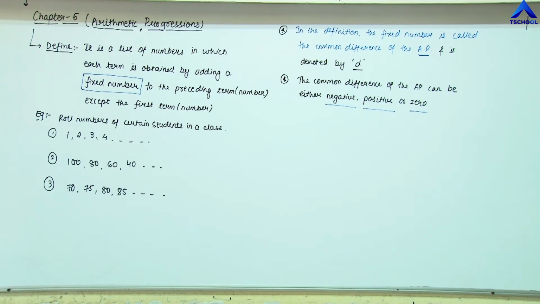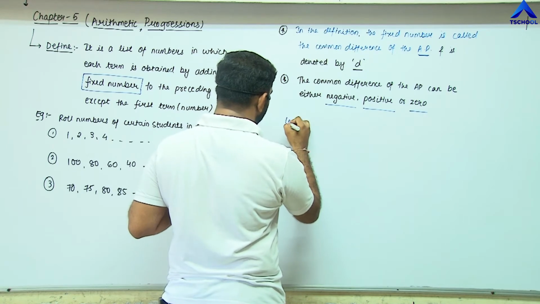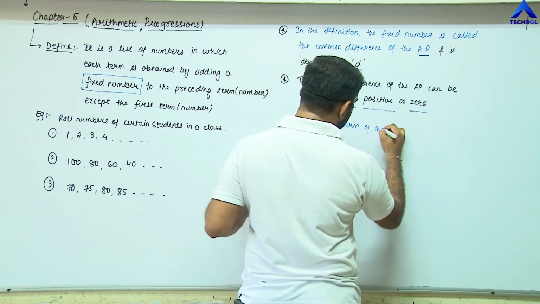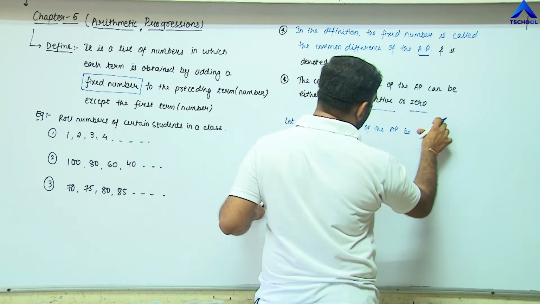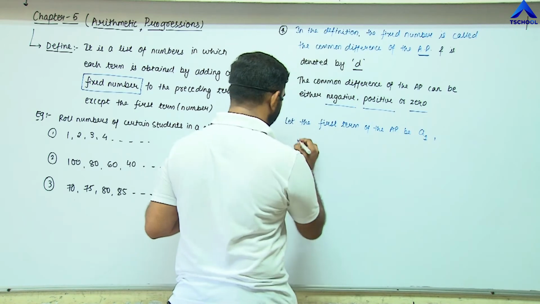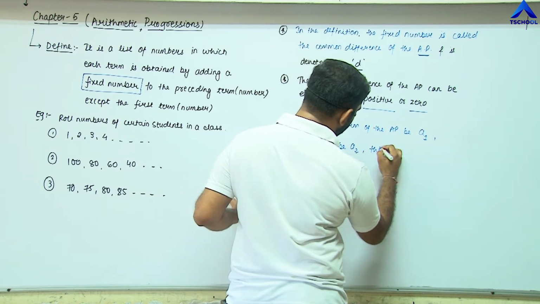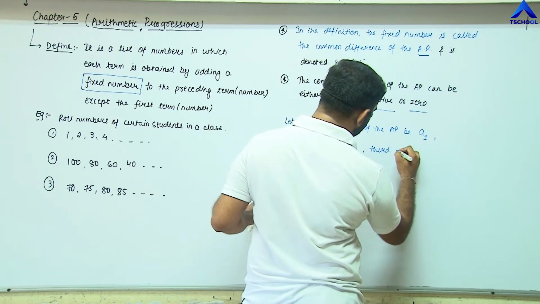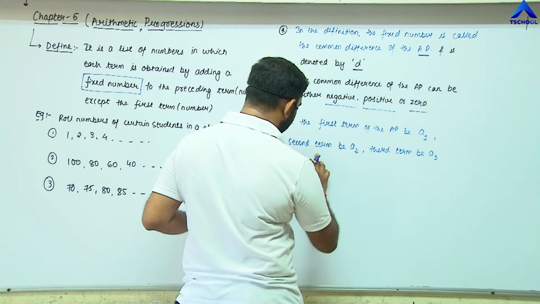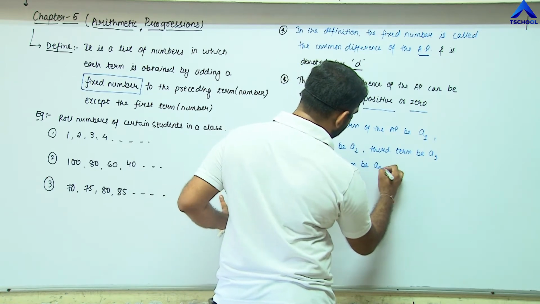Now according to this arithmetic progression, let us say that the first term of the AP be a1, small a with a subscript 1, the second term be a2, the third term be a3, and the nth term be an.